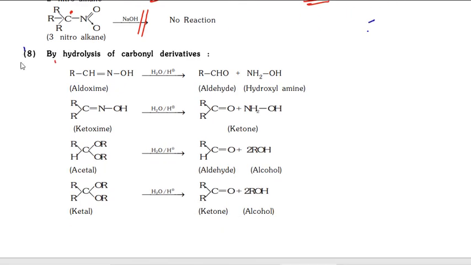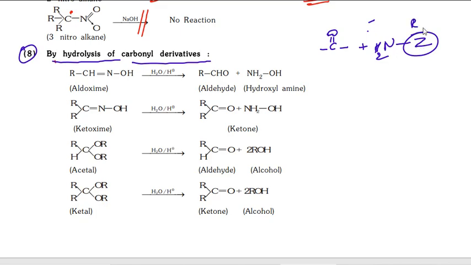Next, by hydrolysis of carbonyl derivatives. What are the carbonyl derivatives? The carbonyl compound reacting with some other compounds like NH2 with any Z group. It may be alkyl or NH2 or whatever, XYZ. Okay, in this case generally a water molecule is released.